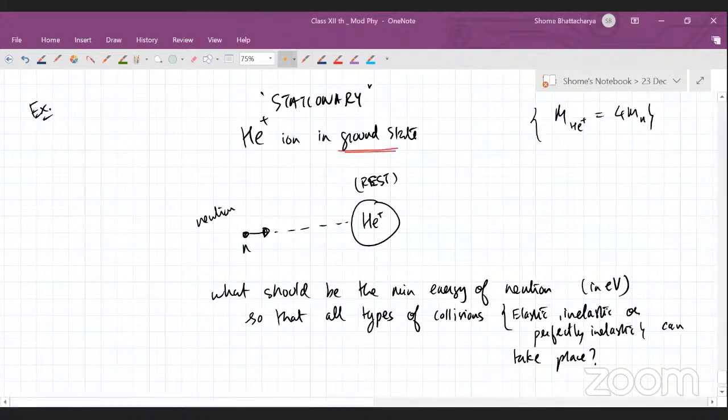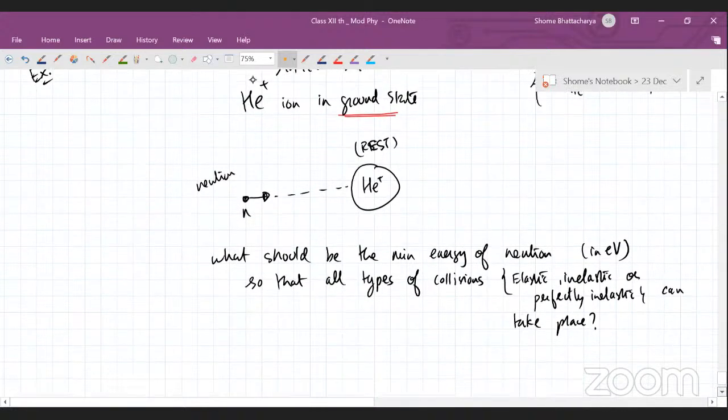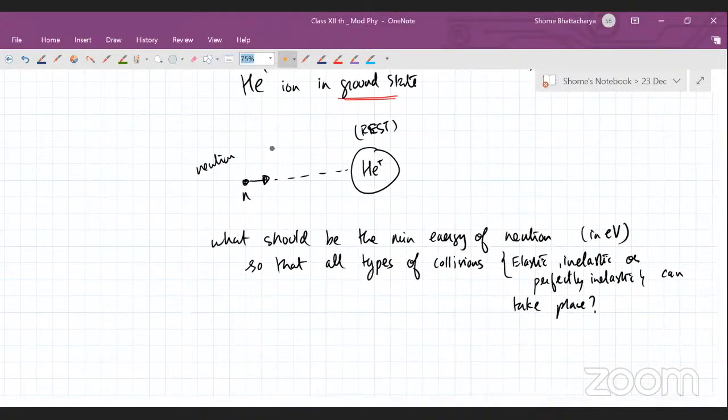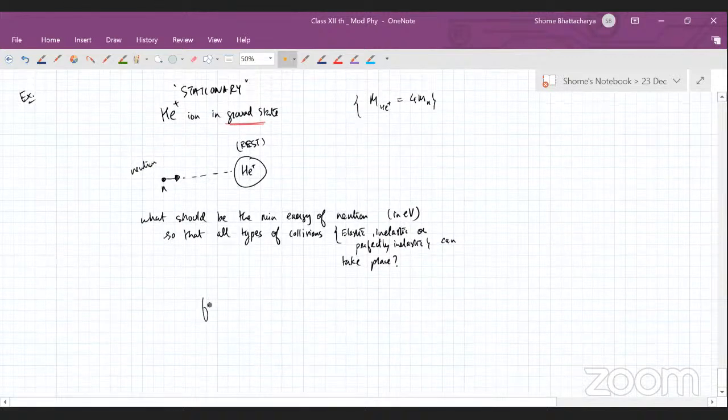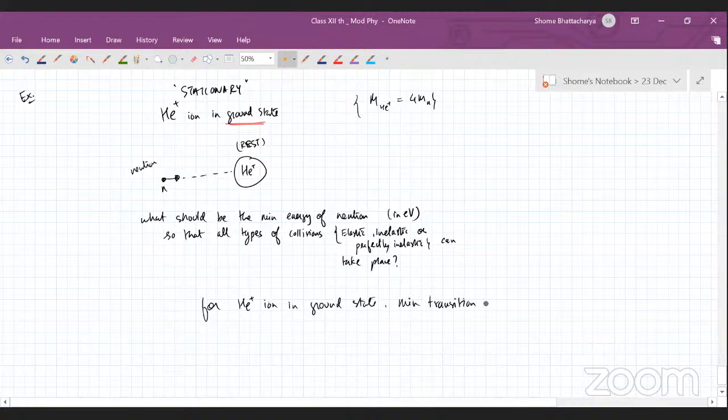So the minimum transition energy for the helium ion in ground state, say delta E minimum, will be for transition from ground state to first excited state.